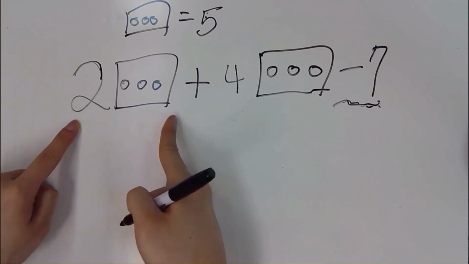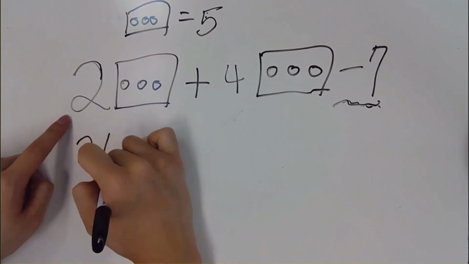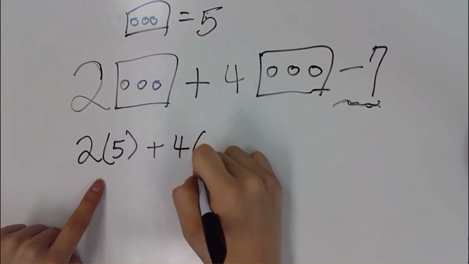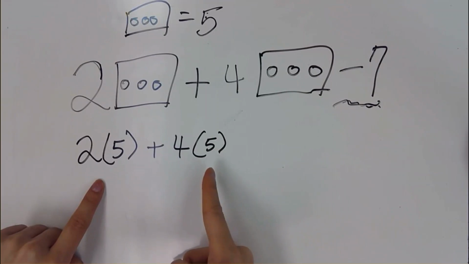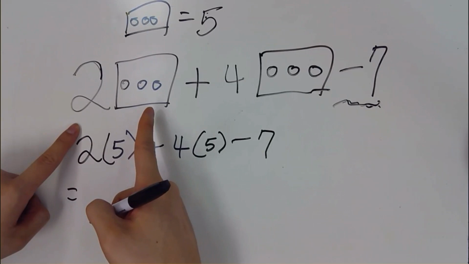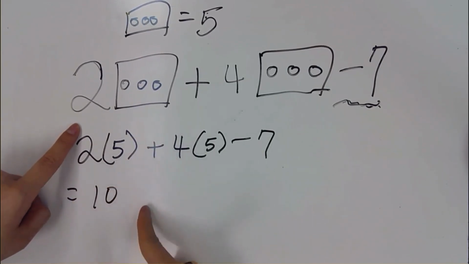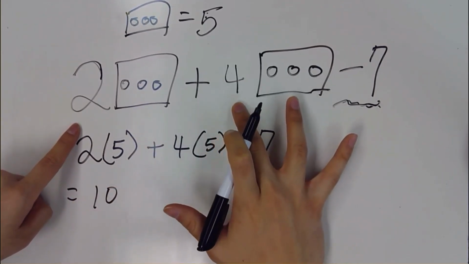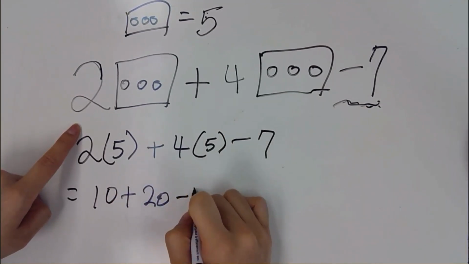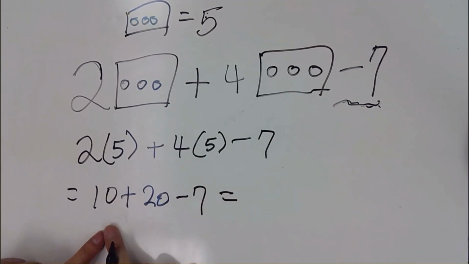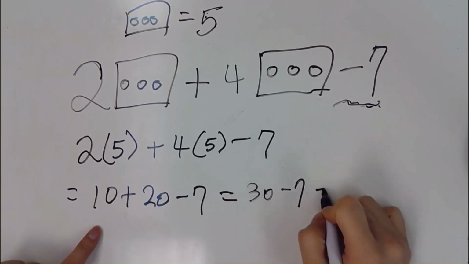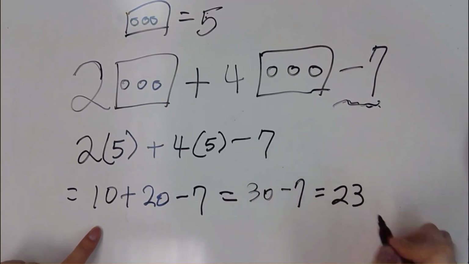Then I know that in 2 boxes there are 2 times 5 sheep, and 4 times 5 sheep in the other boxes, and then we take away 7. So 2 boxes of 5 sheep make 10, and 4 boxes of 5 sheep make 20, and then we take away 7. Therefore, we do 10 plus 20, which is 30, minus 7, and we end up with 23 sheep.